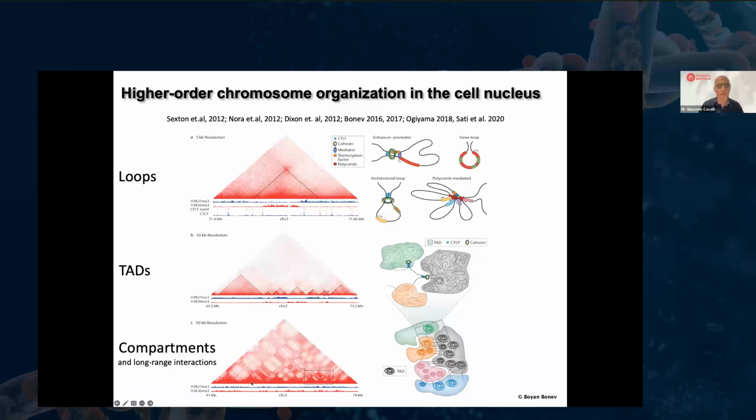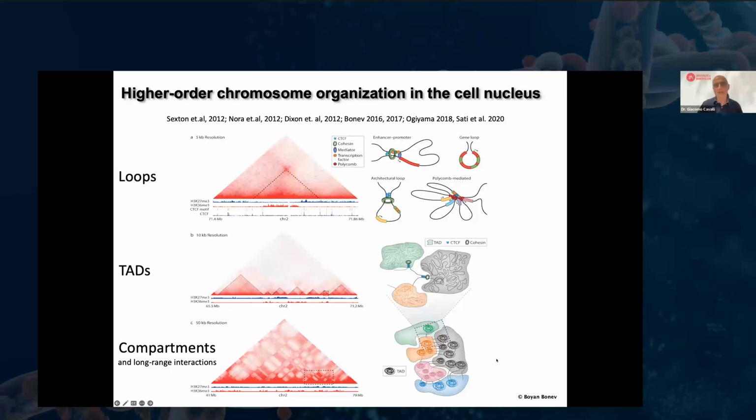Basically what many people have found is that there are regions where you have high levels of open chromatin marks that interact with other regions that also have the same open chromatin marks, while the inactive regions that are devoid of marks or are maybe coated by K9 trimethylation like to interact with other regions of the same kind. And so what has been used as a nomenclature is A for active and then B for inactive compartment. But you will learn that there's even more than this, in fact.